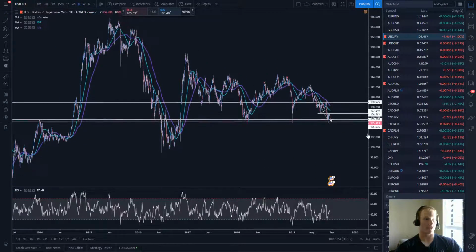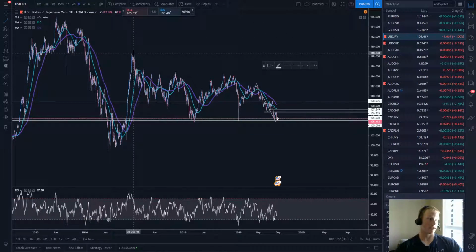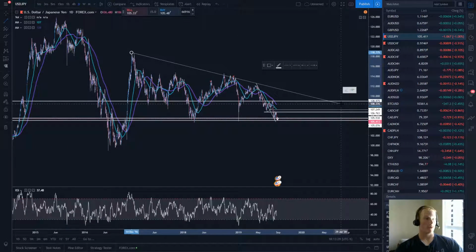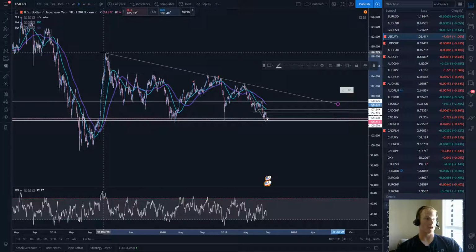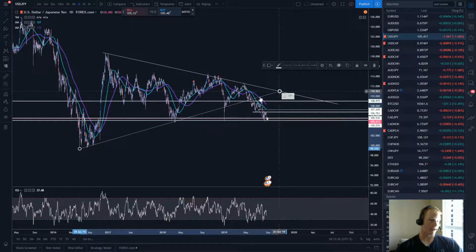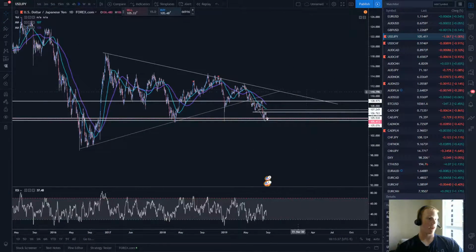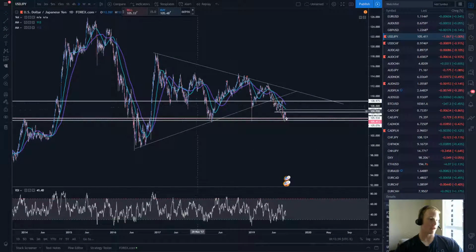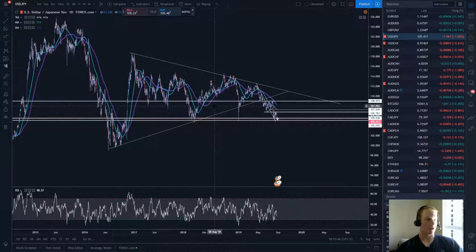If this thing breaks, which it might, because look at this, we kind of have this descending triangle formation here. And you could say, oh, we also have this triangle. Okay, fair enough. But it's kind of descending. Price moved here, caught support, moved here, caught support, moved here, hit that trend line again. That's a descending triangle for sure, 100%.